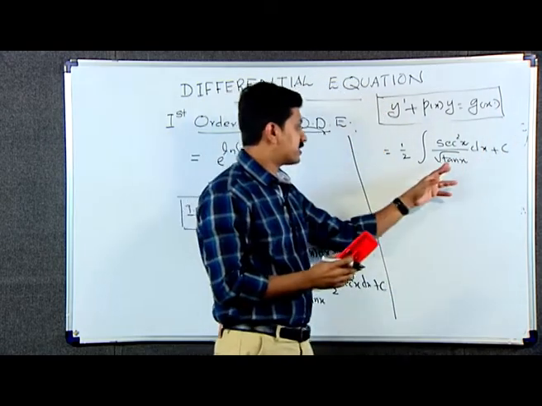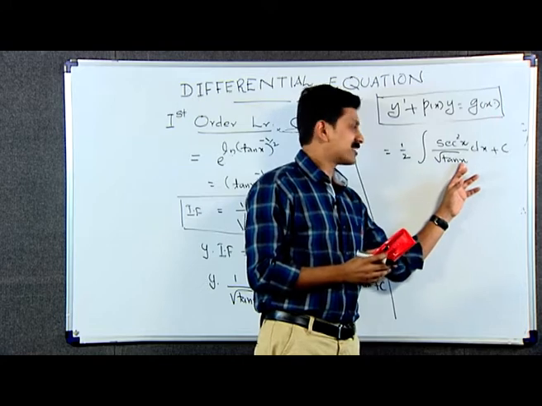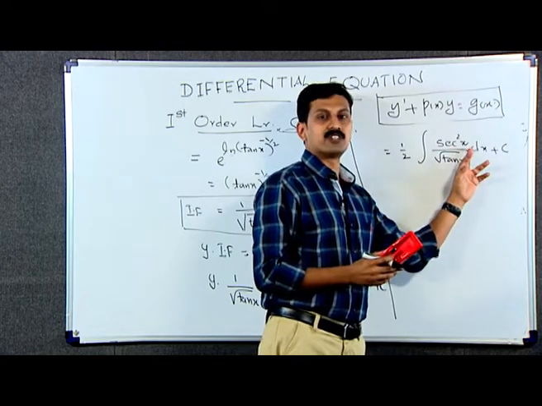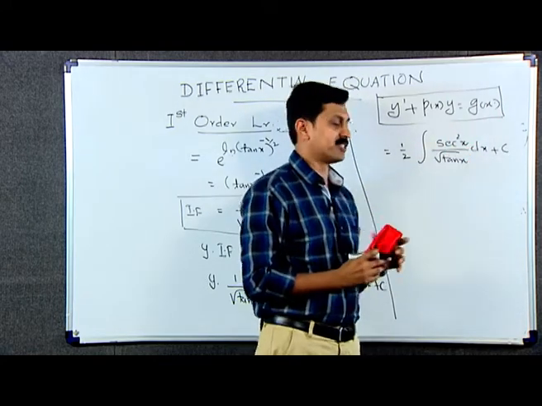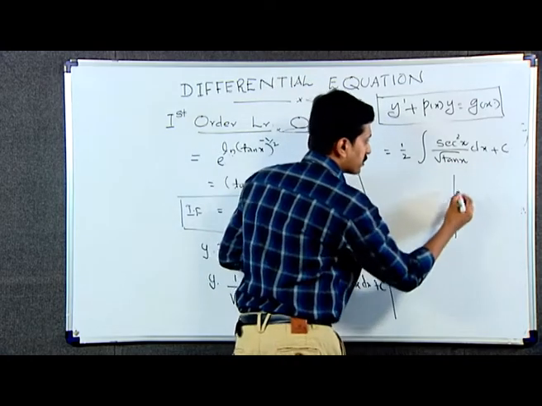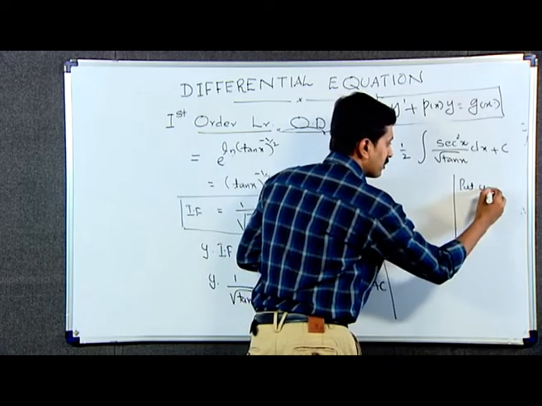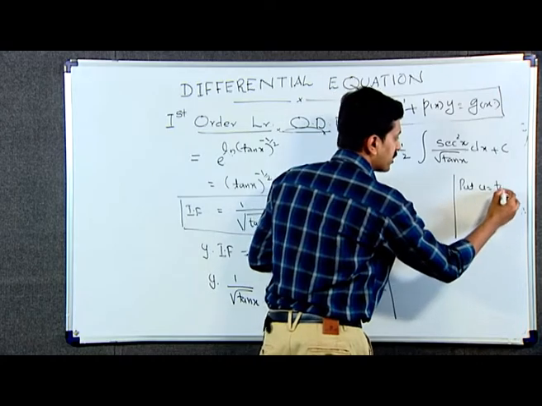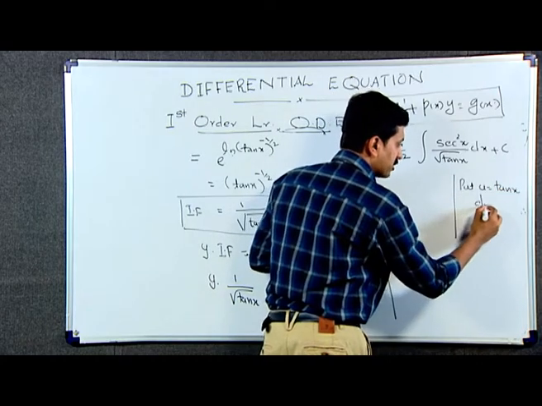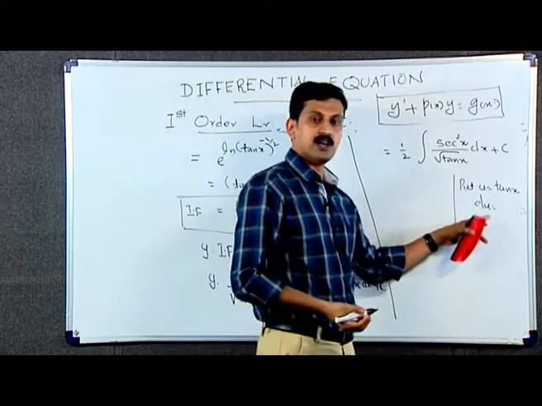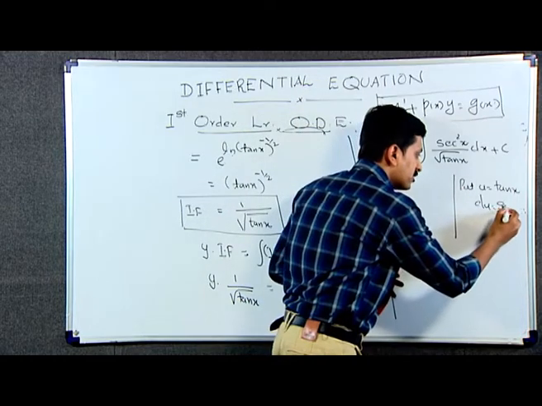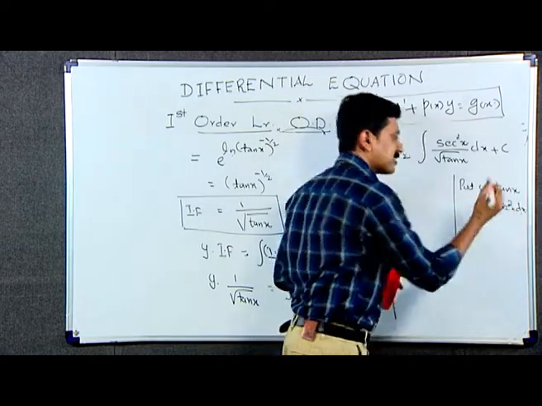As we discussed earlier, the derivative of tan x is sec square x, so we can use substitution here. Put u equal to tan x, so du is equal to sec square x dx.